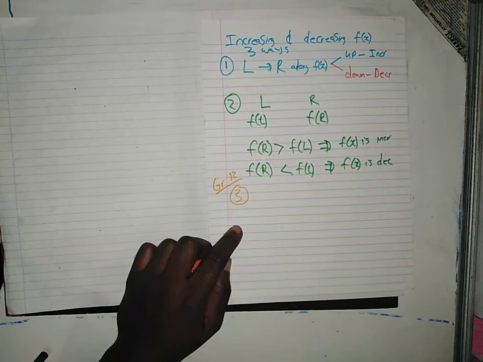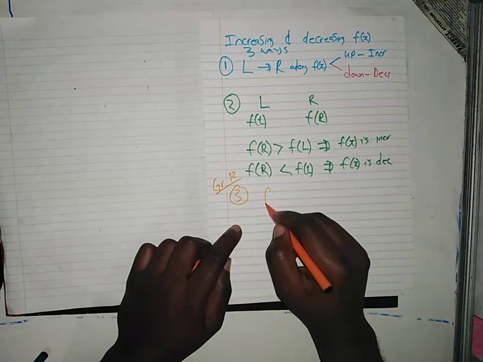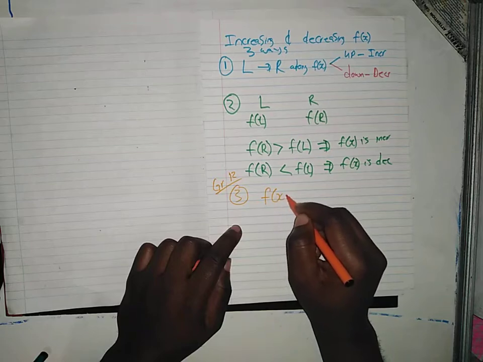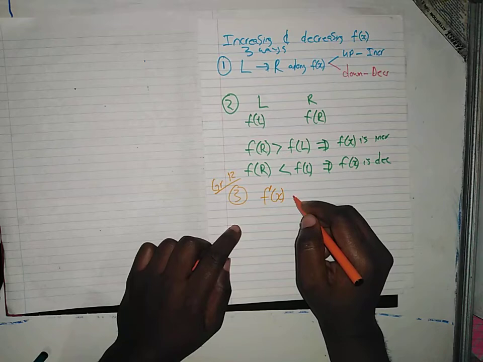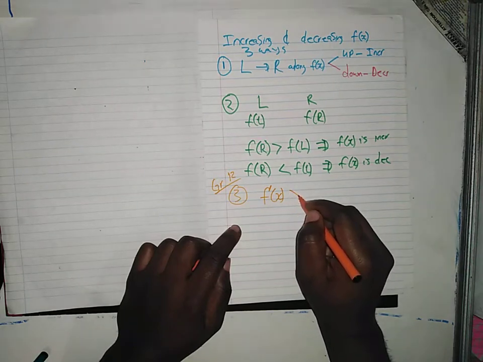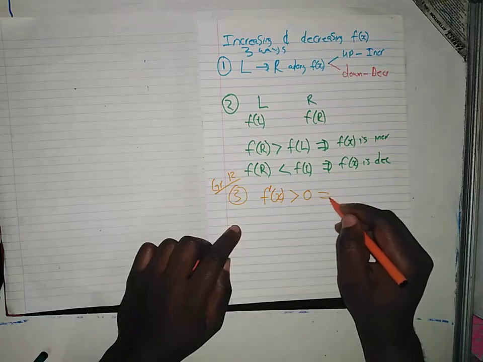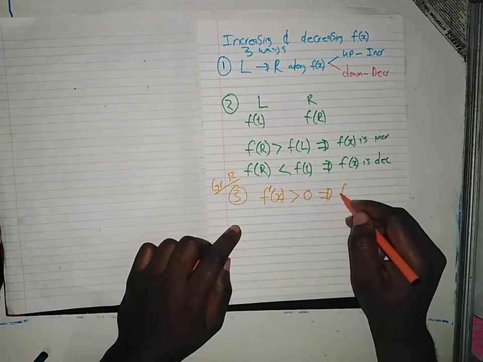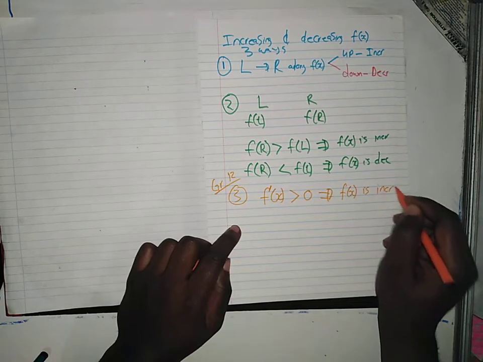What did we say? We use a derivative. We take a derivative, f prime of x. If f prime of x gives you a number that is greater than 0, we know that f of x is increasing.